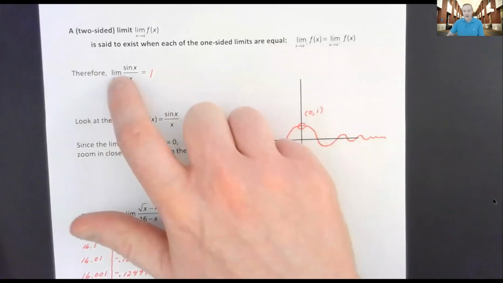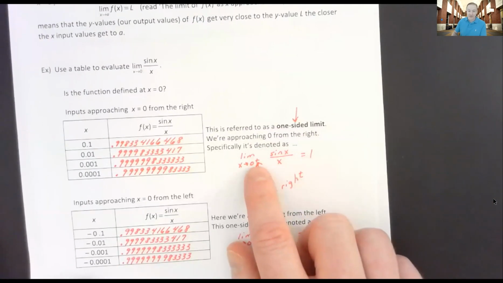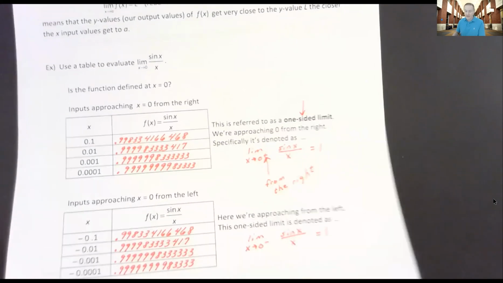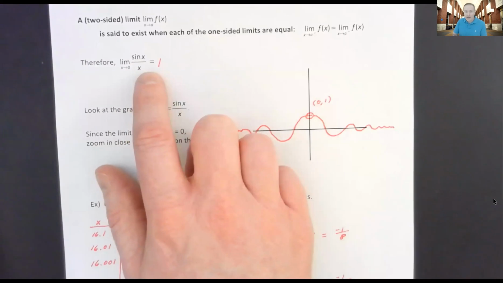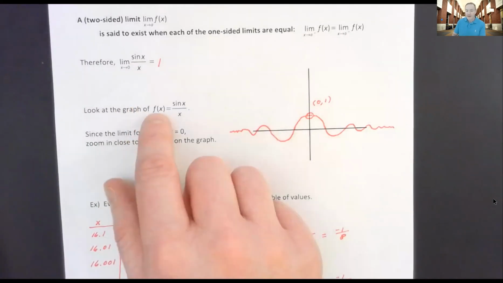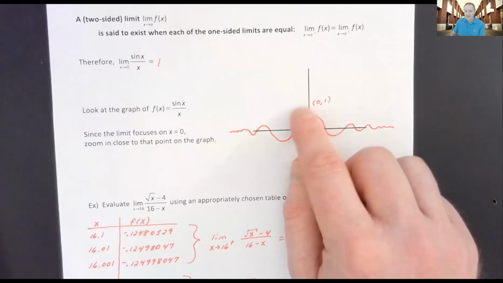I just showed that the limit as x approaches 0 from the right is equal to the limit as x approaches 0 from the left. So I can conclusively say the limit as x approaches 0 of this function is 1.